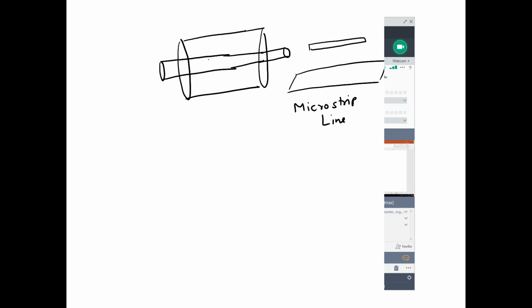I have a coaxial cable on one end and a microstrip line on the other end, and I'm connecting the coaxial cable to a microstrip line.